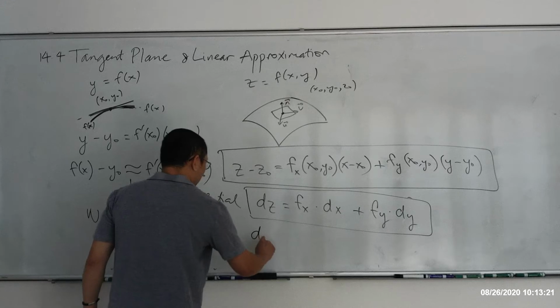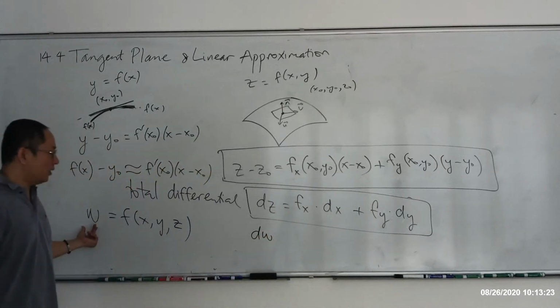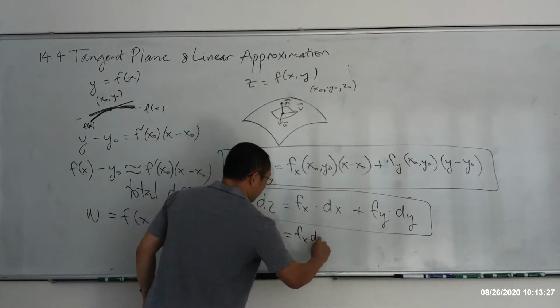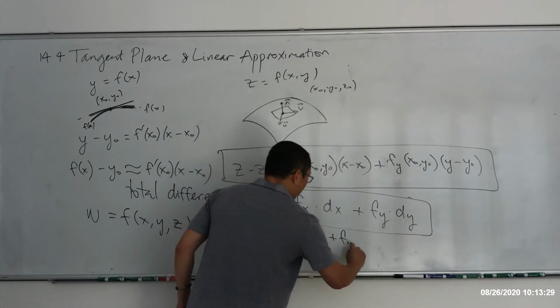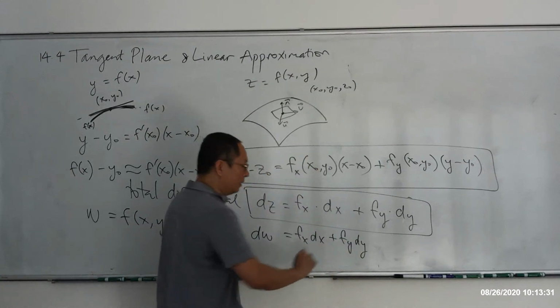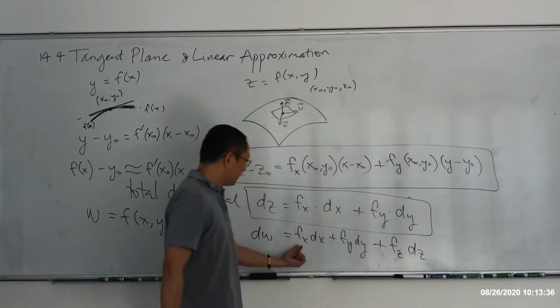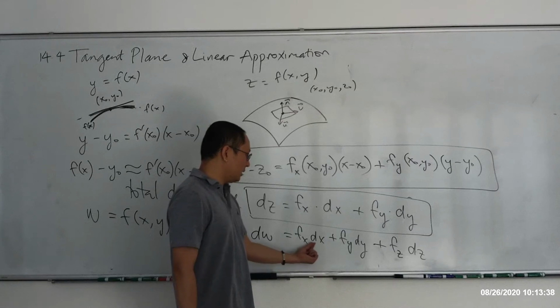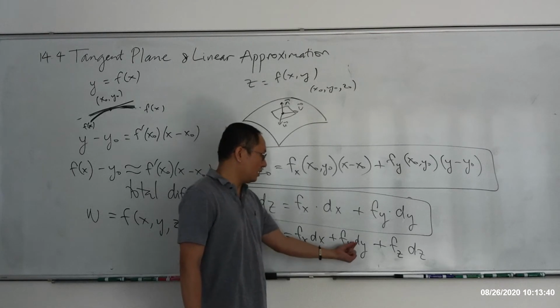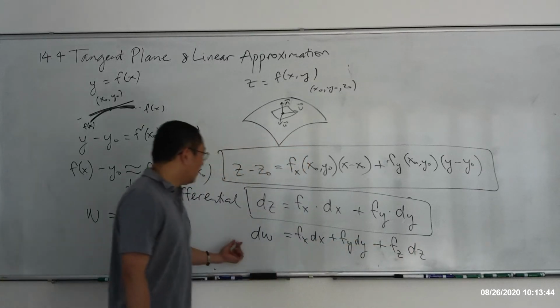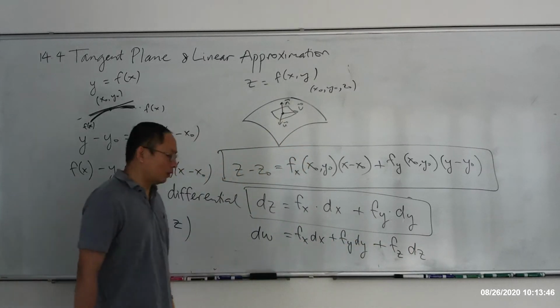The differential dw, the little change of w, make a guess, is what? fx dx plus fy dy and what? Plus fz dz. And what does it mean? Partial derivative with respect to x times change of x, partial derivative with respect to y times change of y, plus partial derivative with respect to z times change of z. And this is the change of w.